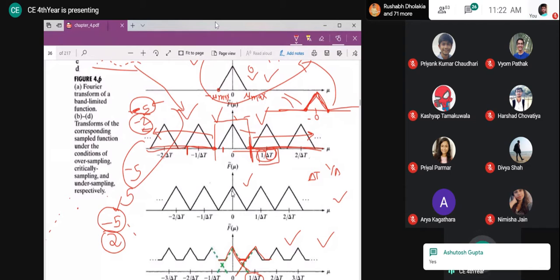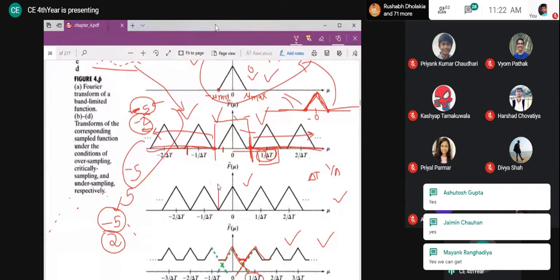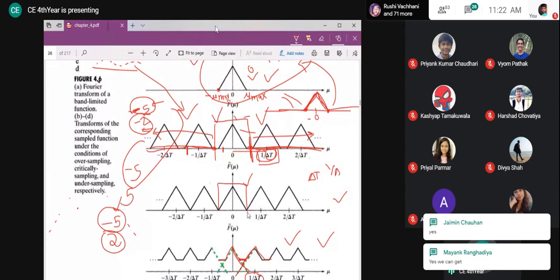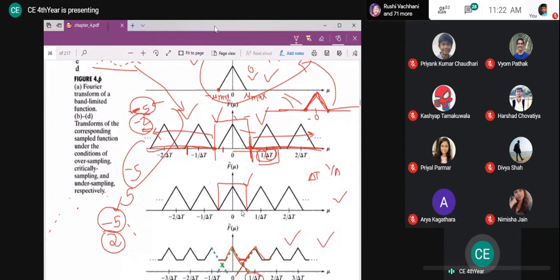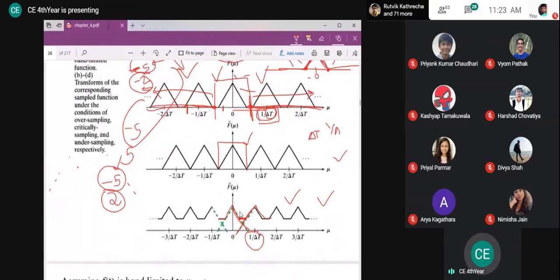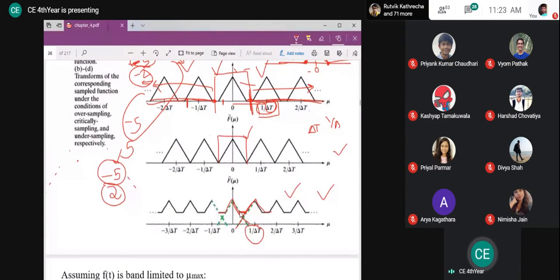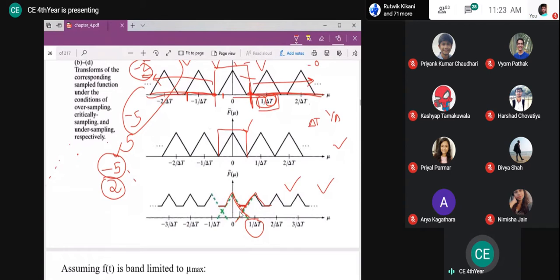Yes, it will be possible to go back because I will be able to pass through a low pass filter. Yes, we will be able to go back using this, right? And what about this? Will I be able to get my original function back from this version?